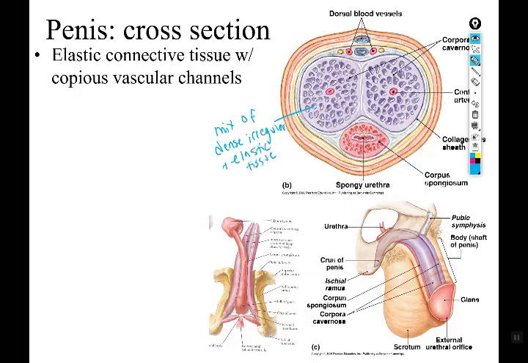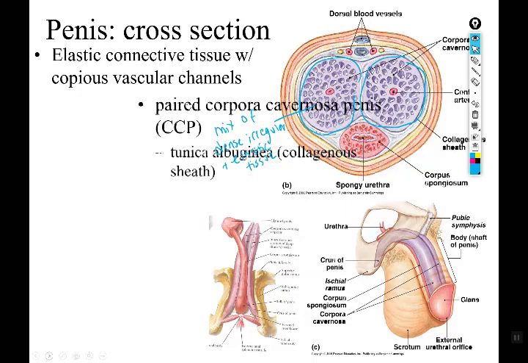And it's got a lot of holes in it. And each of these structures, so 1, 2, the corpora cavernosa, have a deep artery. So that's how the blood gets in during the process by which an erection occurs.